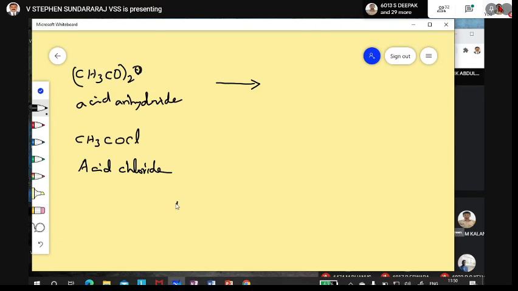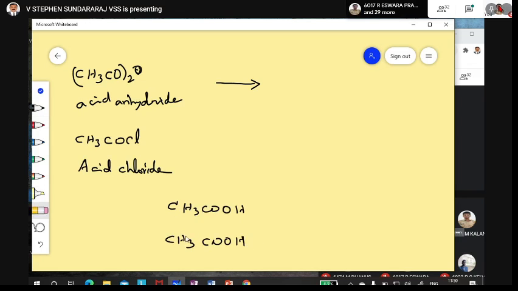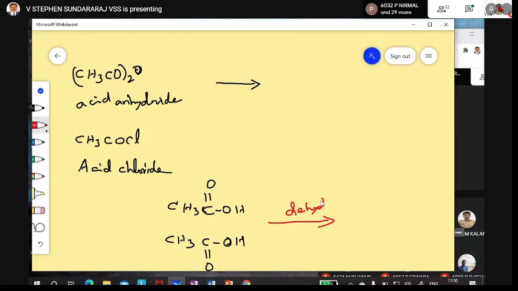Okay, how will the acid anhydride form? I will show CH3COOH, CH3COOH. To make you understand, I am writing C double bond O, then OH. From this, when you use a dehydrating agent like calcium chloride or phosphorus pentoxide, one water molecule will be removed.